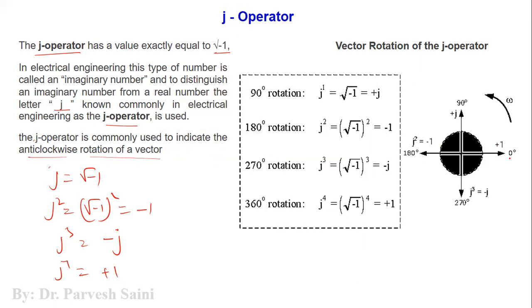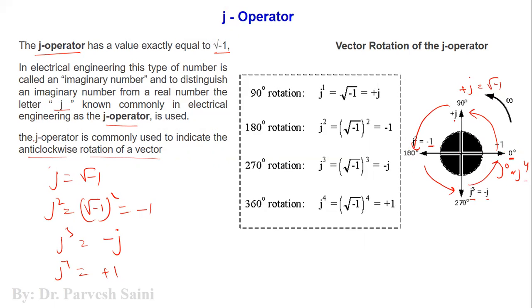At this point j has 0 power or it is j raised to the power 4; at this point it is plus j, which is under root minus 1; at this point it is j square, which is minus 1; at here it is j cube, which is minus j; and then here it is j raised to the power 4.